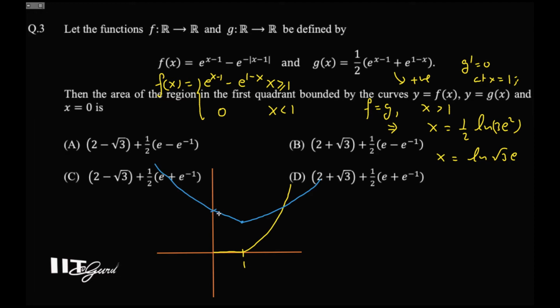So here it just cuts the y-axis somewhere. No need to test over here. This is the y-axis and this is the x-axis. And now we have to find this bounded area. So the required area can be evaluated as this area we have to account for.